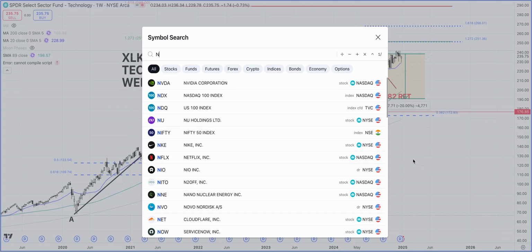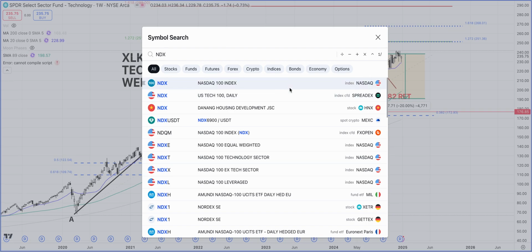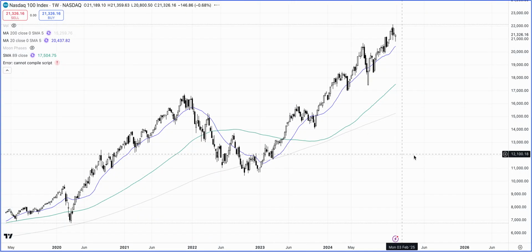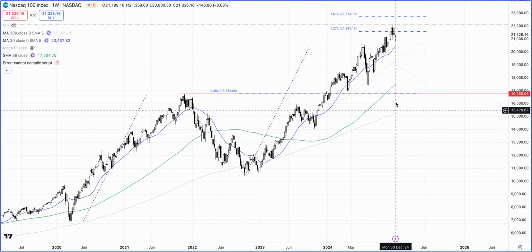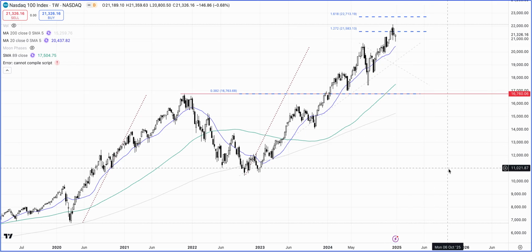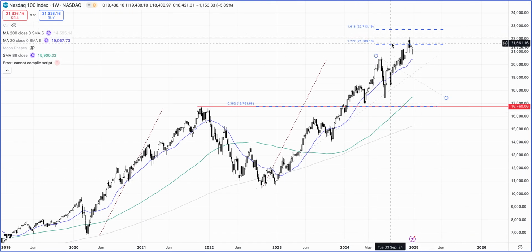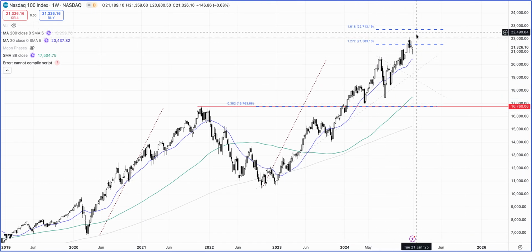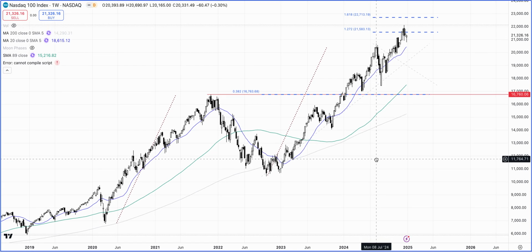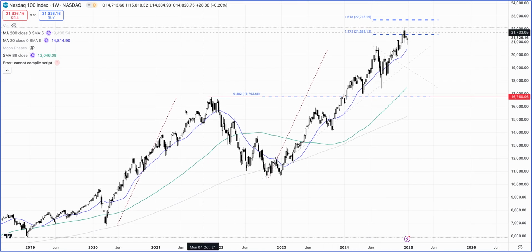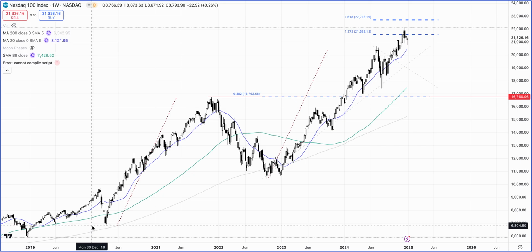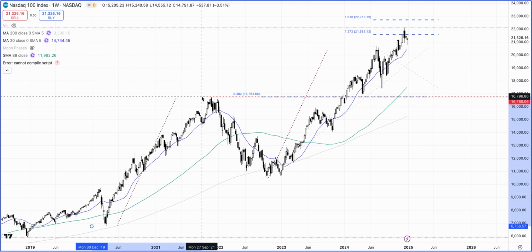And then if we take a look at the NDX, which is the S&P 500 cash index, also note we had a positive close, and then this is the level 1.272 expansion of this, it hit that. And if we take whether the CD leg is extending, so we'll just use our tool, this is AB, and then bring it right here.